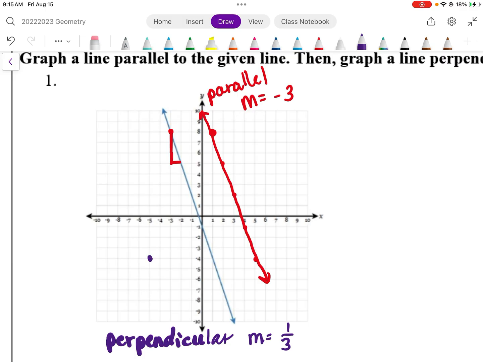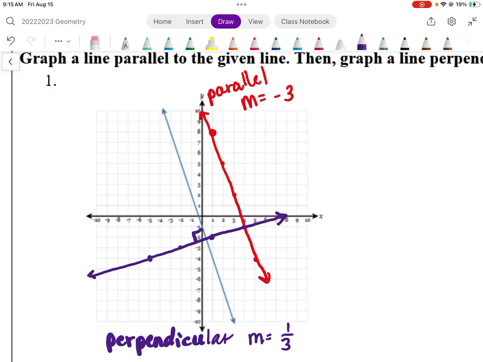So I get to pick any point again. Literally anywhere, a point anywhere on this whole graph. Let's say right here. But I want my slope to be 1/3. Up 1 over 3. Up 1 over 3. There you go.